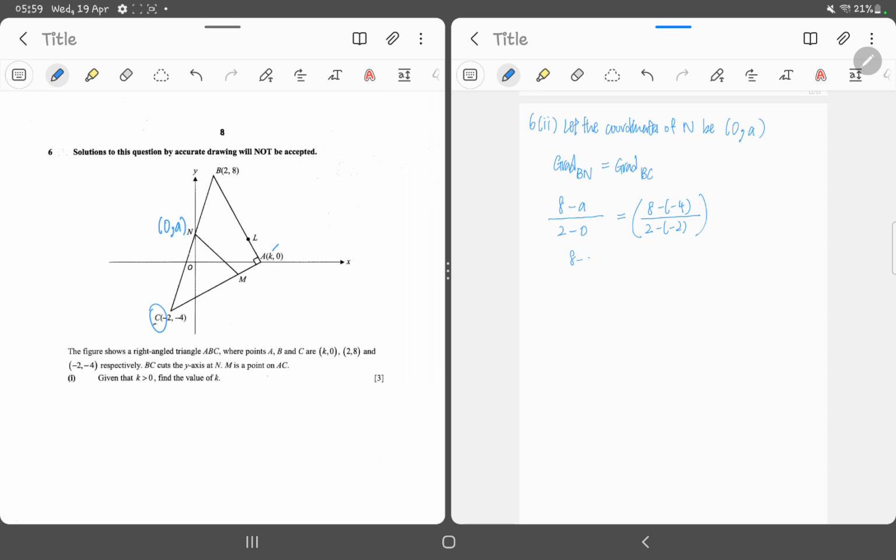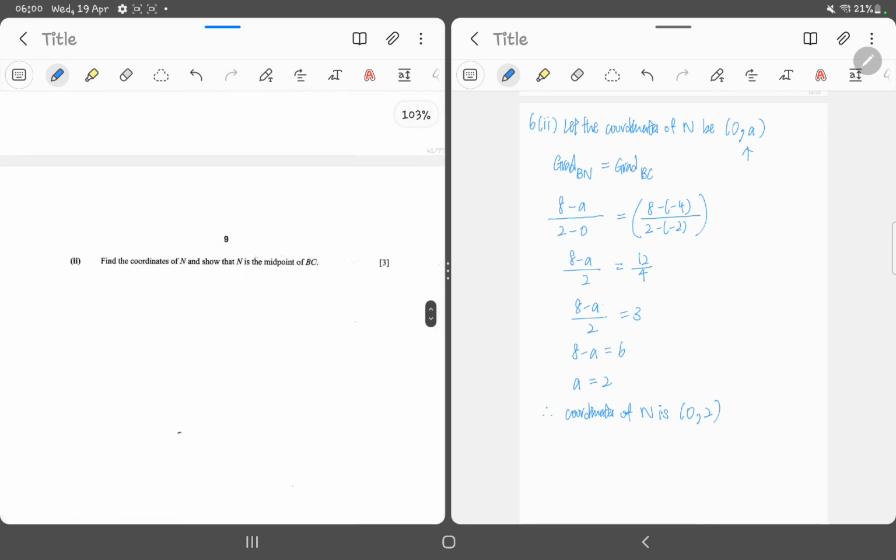So 8 minus a over 2 equals 12 over 4. This means 8 minus a over 2 equals 3, and 8 minus a equals 6, which means a equals 2. So the coordinates of N are 0, 2, and we have found the coordinates of N.